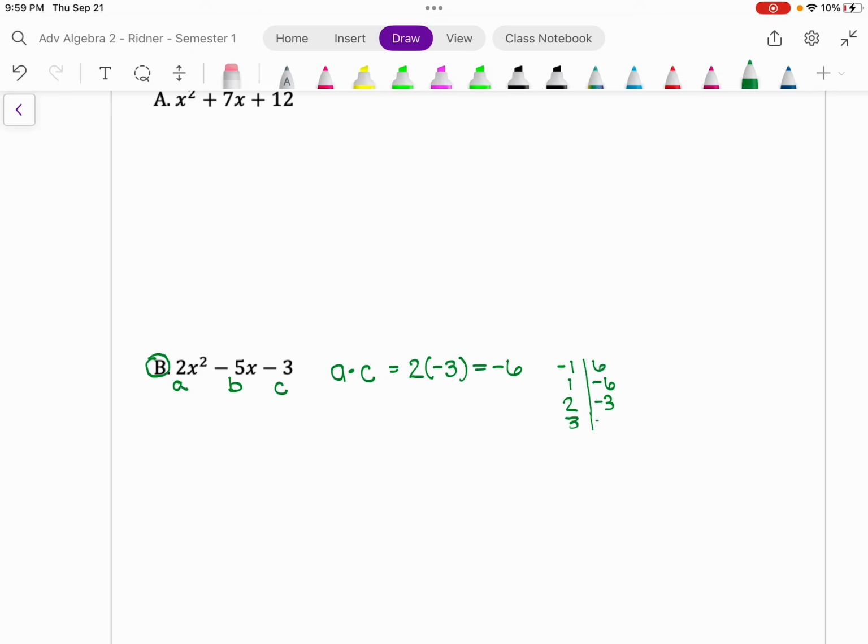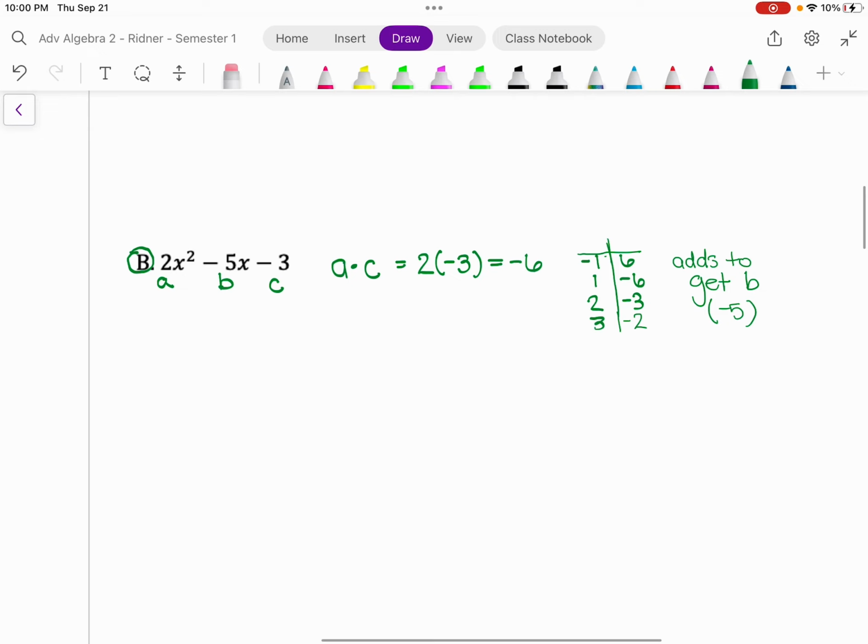Okay, so there's all the things that multiply to get -6. Of those things, which one adds to get B, which in this case is -5? So which one of these gives me -5?